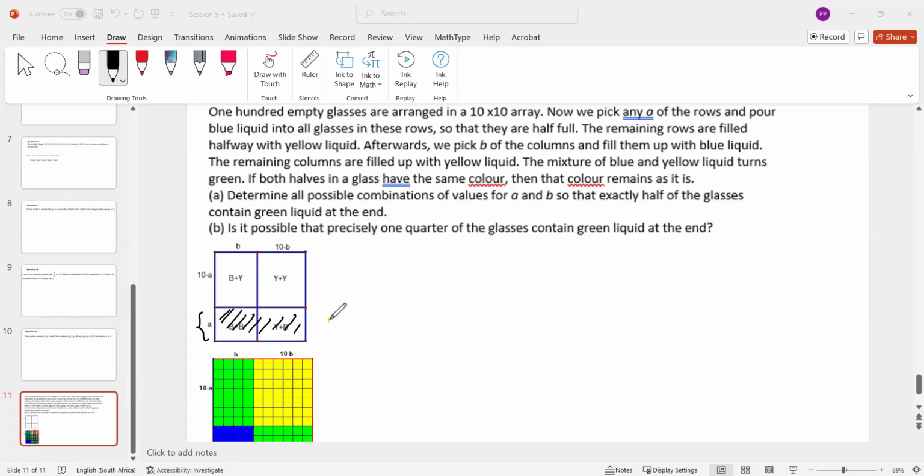Okay, these are glasses. Oh no, we want black. So you got these glasses at the bottom, and then you got it filled with blue liquid at the bottom.